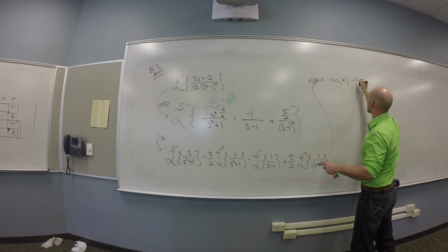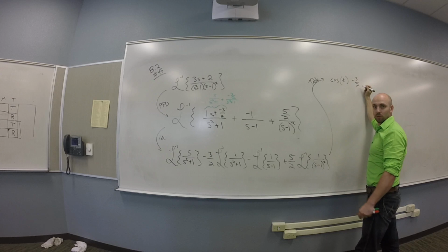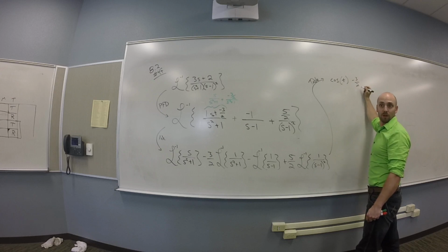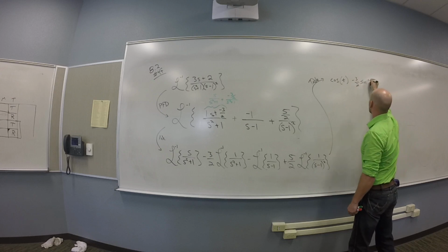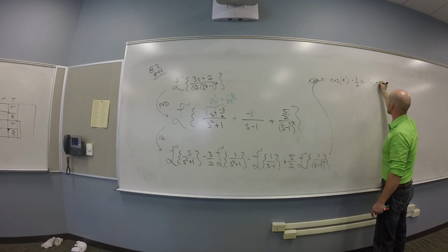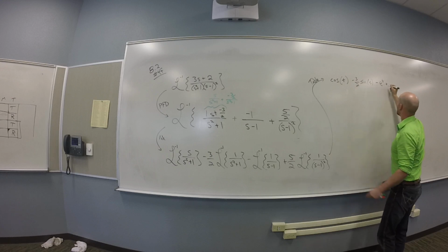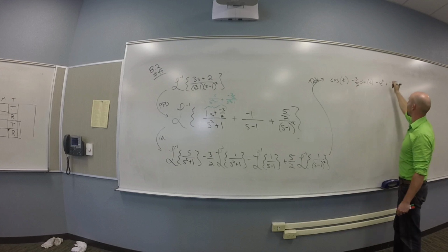Then I got minus 3 halves. What's 1 over s squared plus 1's inverse Laplace transform? Sine, that's sine of t. Then I got a minus e to the t. And a plus 5 halves.